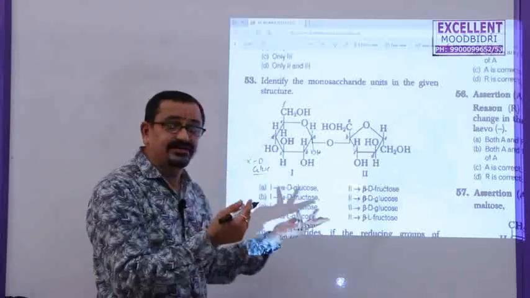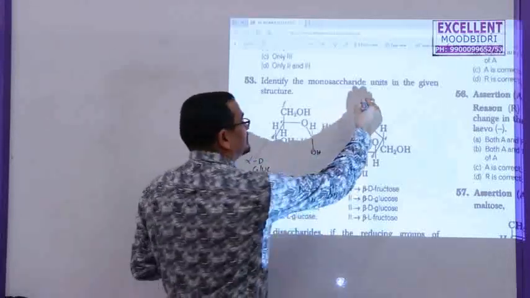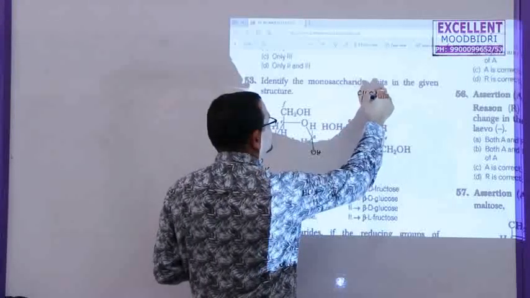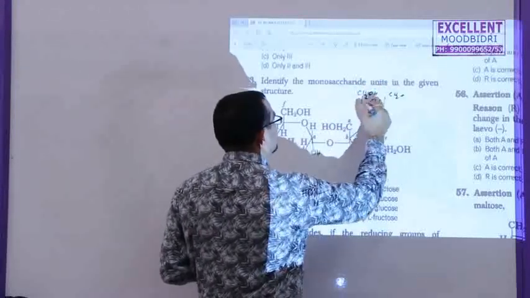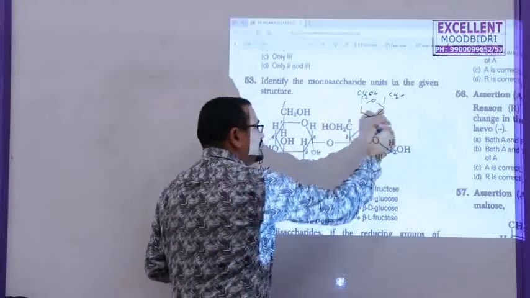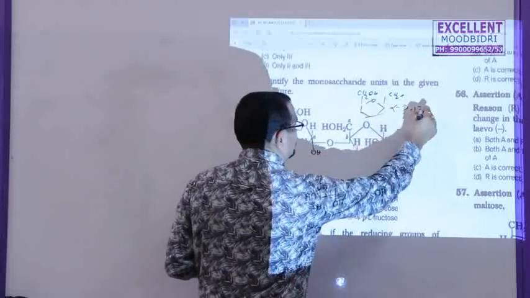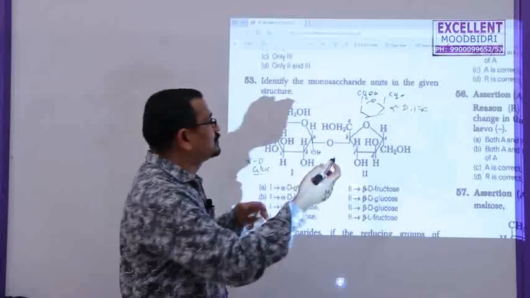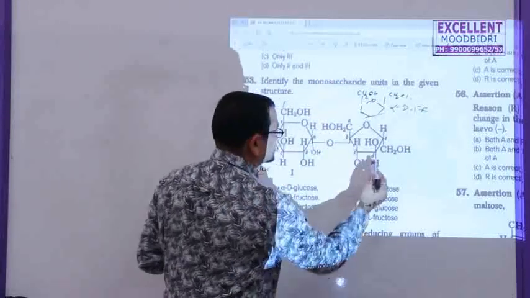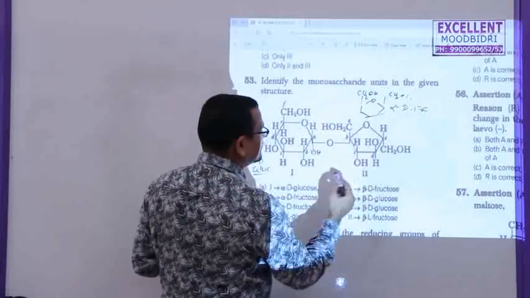But just now we did one question before this. If both the CH2OH groups are above the plane like this, that stands for alpha D fructofuranose. If one CH2OH and the other CH2OH are in opposite directions like this, then say this is beta D fructose.